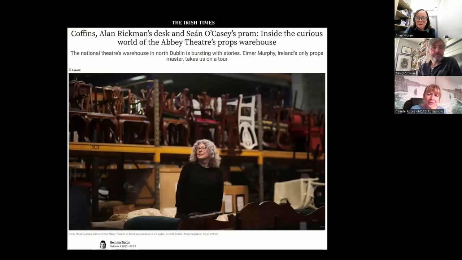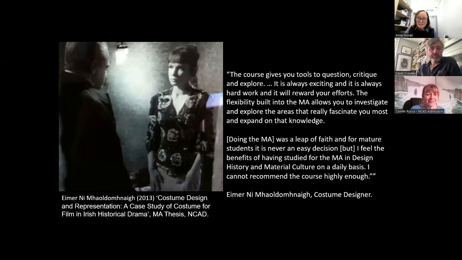This is an Irish Times article about Emer Murphy, another graduate of the course, who's the props master at the Abbey. And then, as I said, we have a lot of costume designers doing the MA, and they all absolutely love Hilary O'Kelly's lectures on dress history. Eimer Ní Mhaoldomhnaigh, meanwhile, is a costume designer.